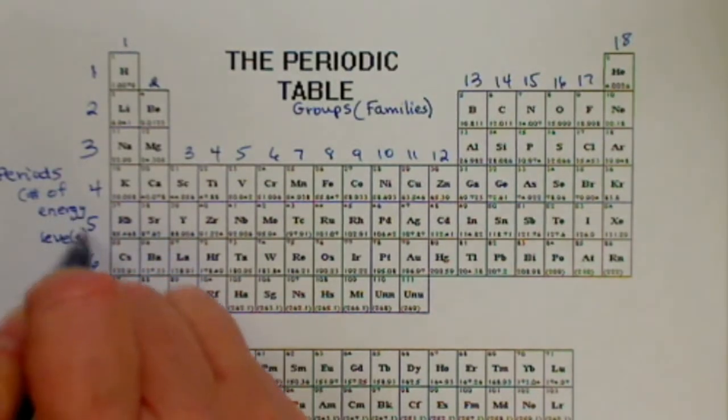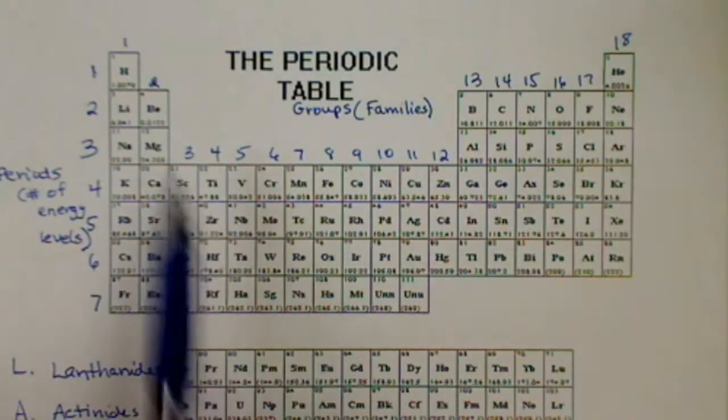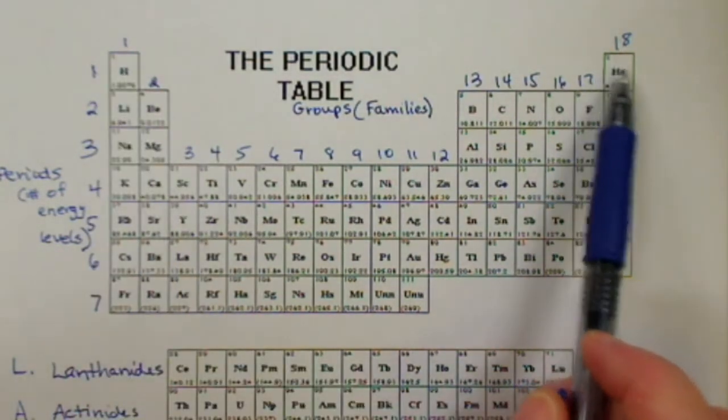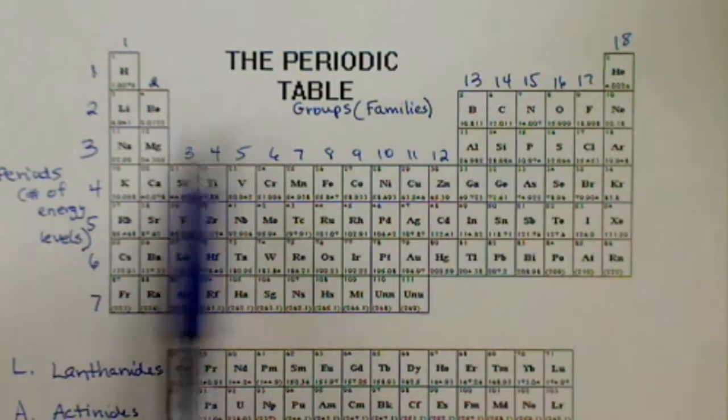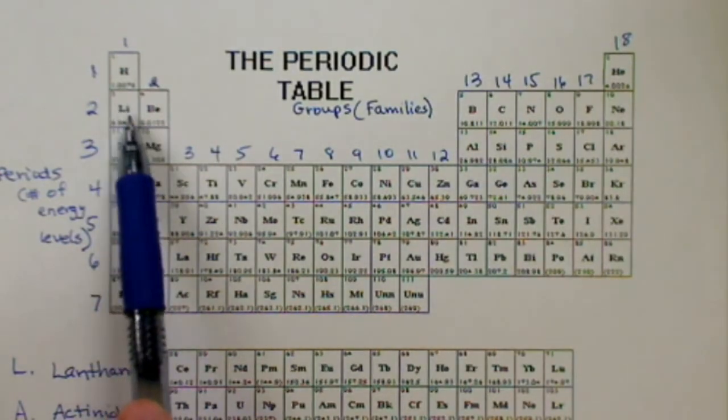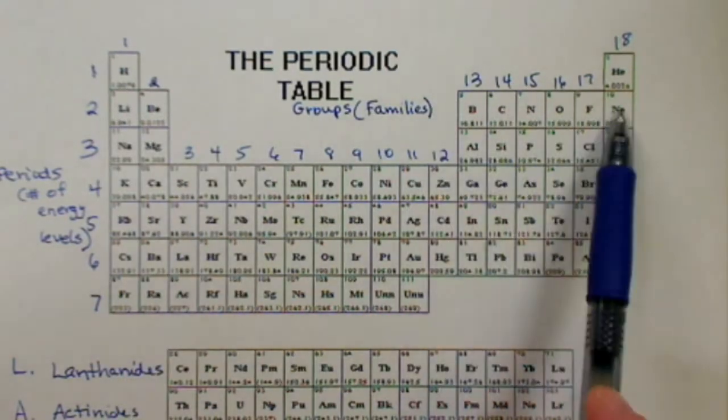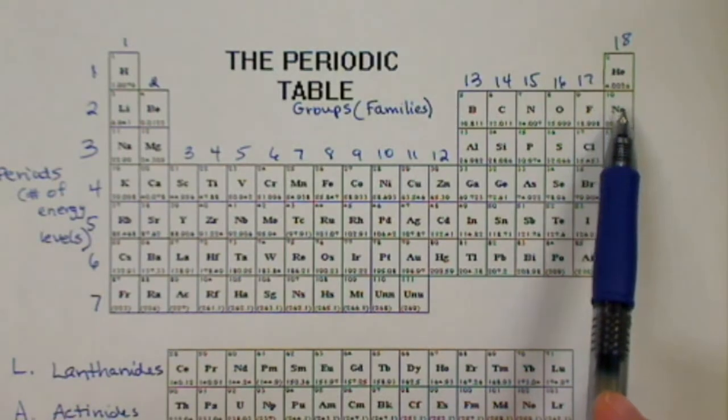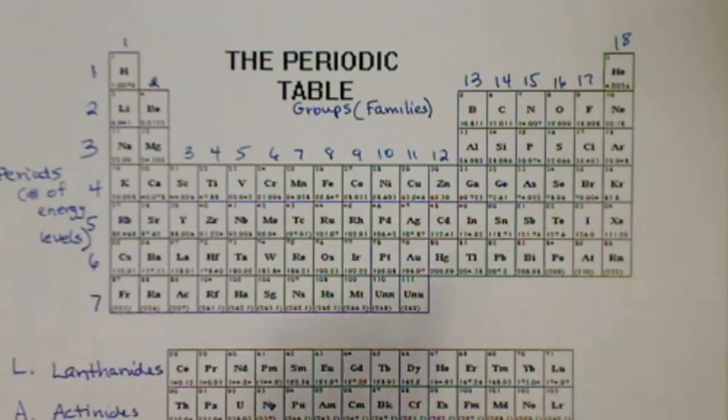Let me explain that to you. Every element in the first row, hydrogen and helium, is going to have only one energy level. Every element in period 2, the second row, they will all have 2 energy levels. 3, and so on. That's how that's going to work.